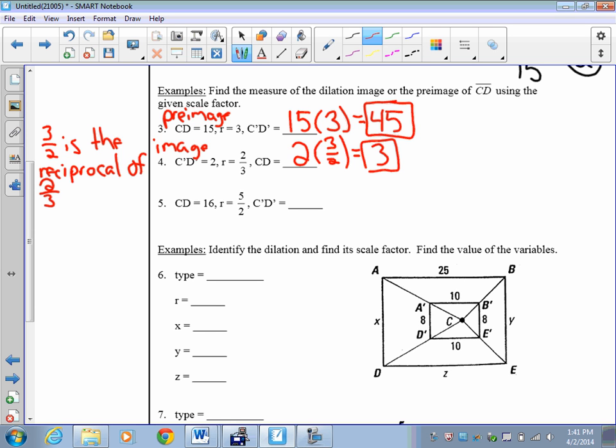We use the reciprocal whenever we start off with the image and go to the pre-image. For number 5, we have the pre-image, CD. So it's going to be 16 times 5/2, which is going to be equal to 40.